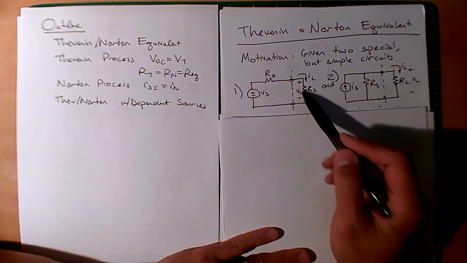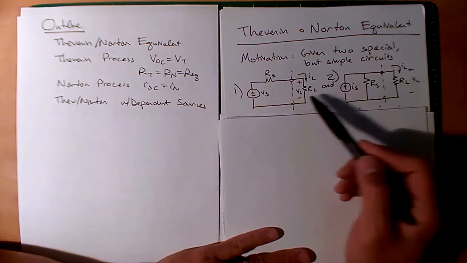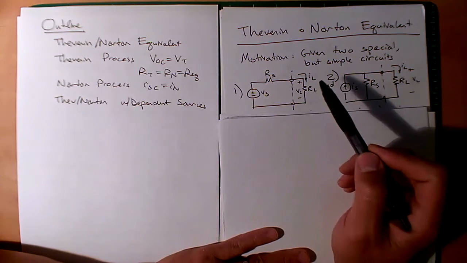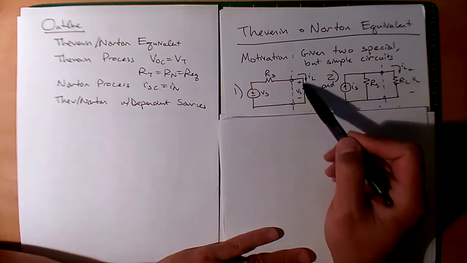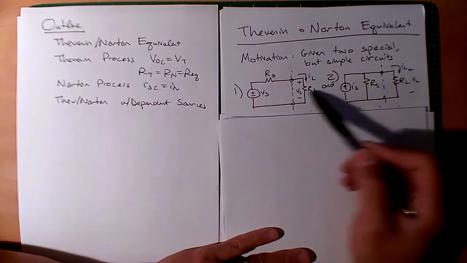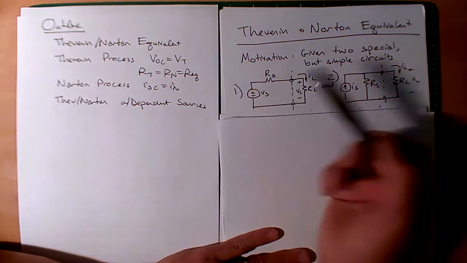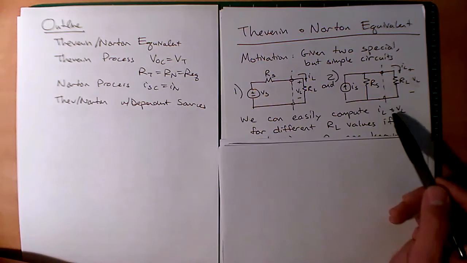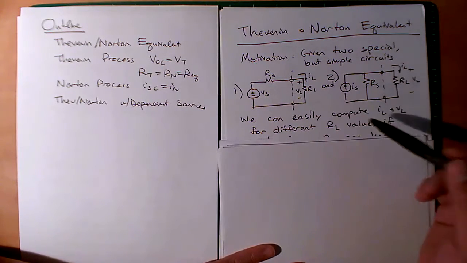And yes, it's attached to a pretty simple circuit, just a resistor. But imagine if I were to ask you what's the voltage and current across and through this load resistor in both of these cases. If you are attaching this to a very simple circuit, this is actually trivial. So we can easily calculate this IL and VL using the tools we've learned in the last few lectures.